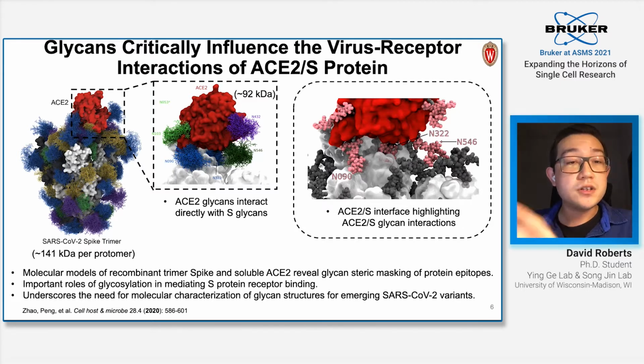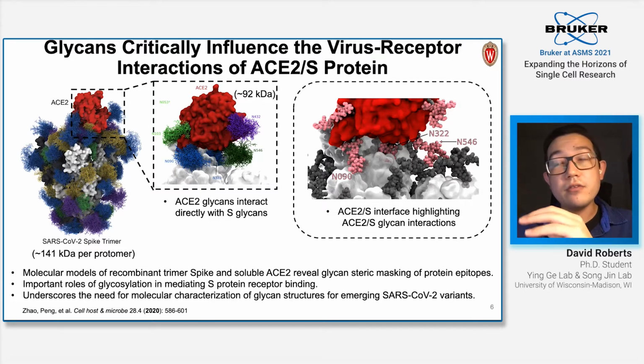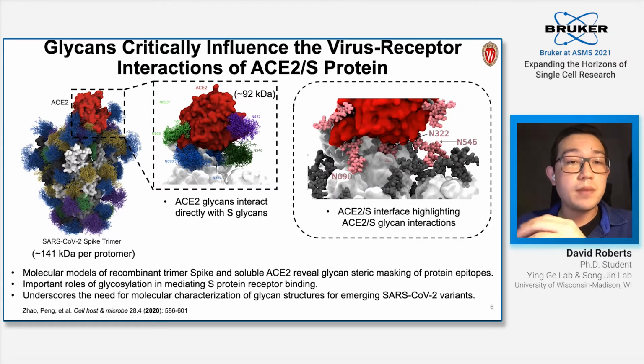And so altogether, this underscores the level of molecular characterization and the role that glycan structures may have in understanding not only how SARS interacts with the human receptor ACE2, but potentially changes or variations in these glycan structures that we might be seeing from emergent SARS-CoV-2 variants may give new reasons to try to reconcile these glycan and post-translational modification differences.